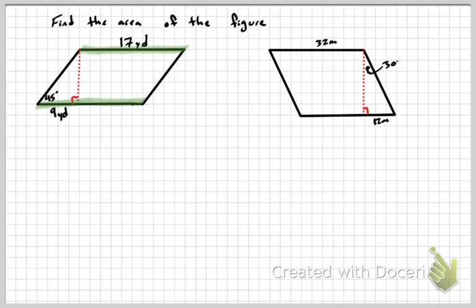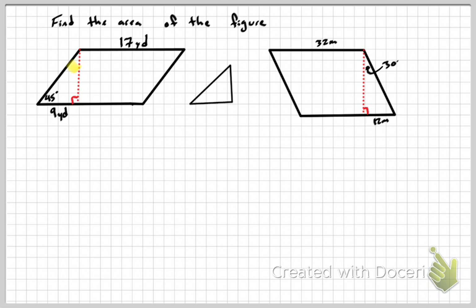Now here's the key to doing these problems. Focus your attention on this triangle. Well, I know that this is a right angle right here. This is 45. So what's the measure of this angle here? It's also 45. So that is a 45, 45, 90.